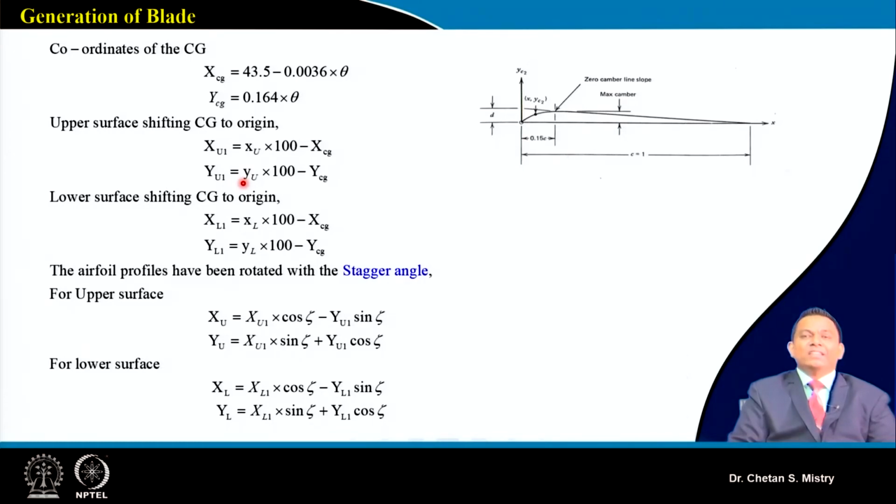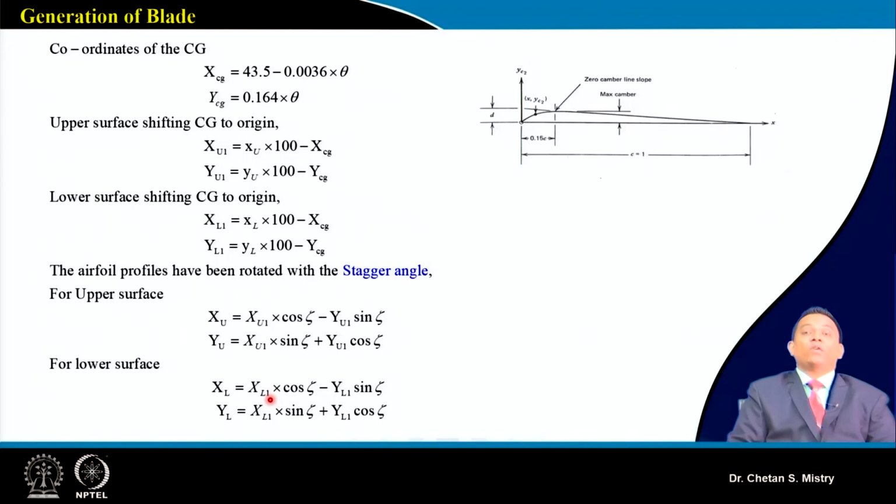This is little tedious work at this moment and maybe a little complex to understand, but once you go through it in detail, you will realize it is more interesting. If I incorporate my stagger angle, this is the change in my X and Y coordinates for the upper surface, and this is my X and Y coordinates for the lower surface.